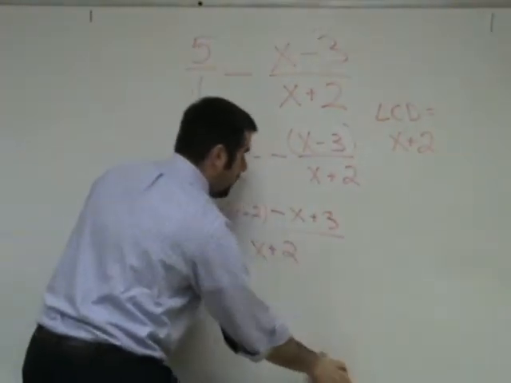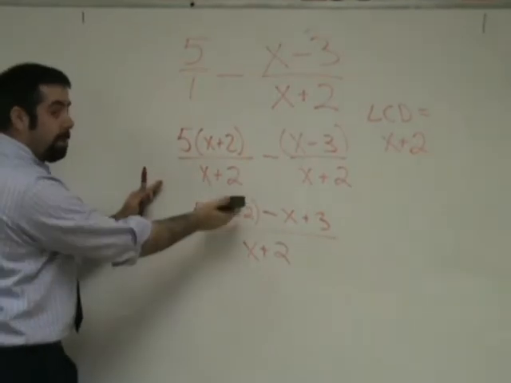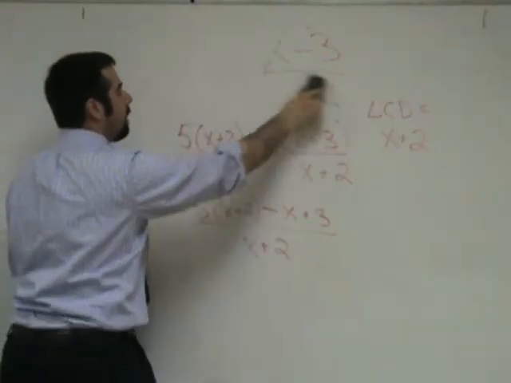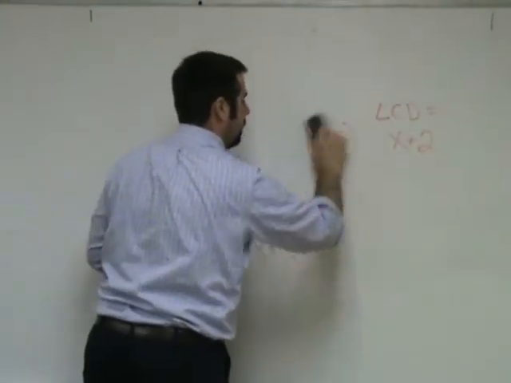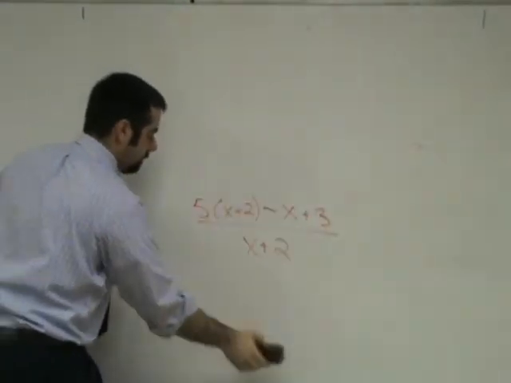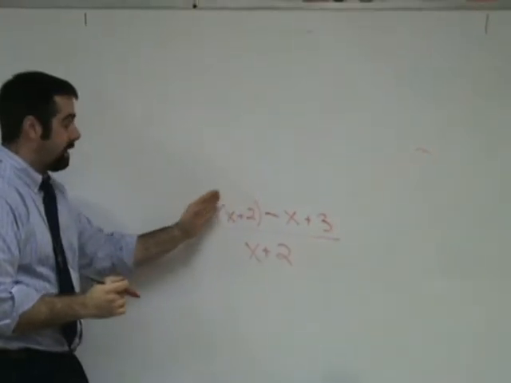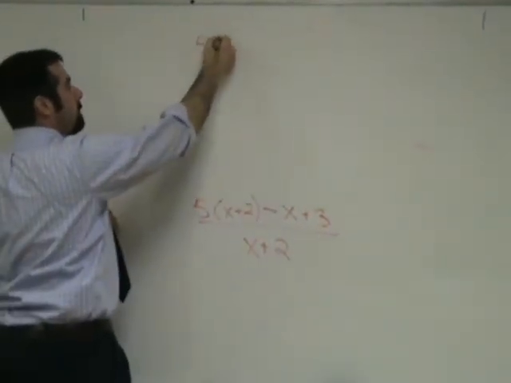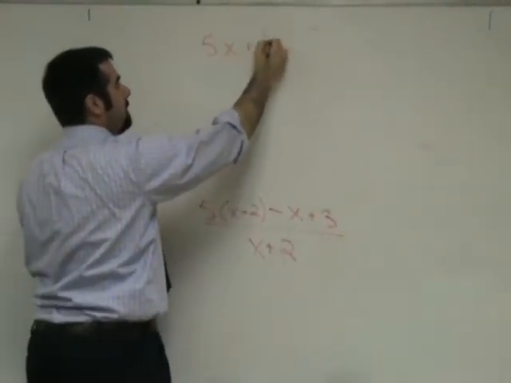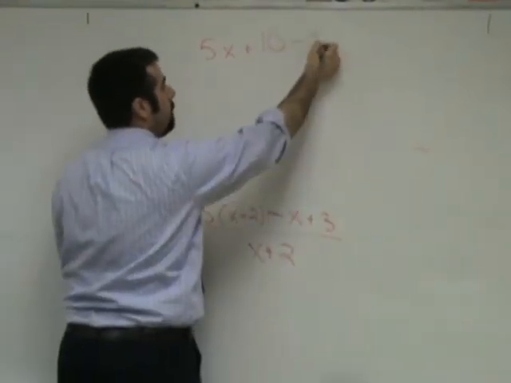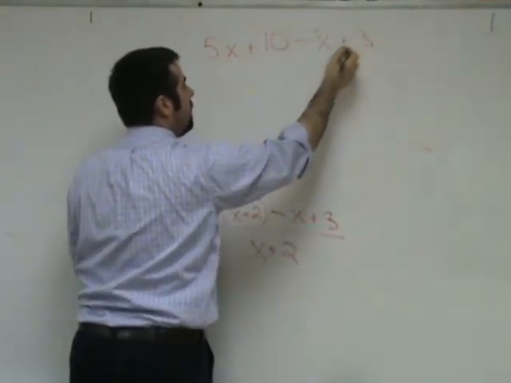Now I can simplify here by using the distributive property, and I might be able to make my numerator a little less complicated. So using the distributive property, 5 times x and 5 times 2 gives me 5x plus 10 minus x plus 3.